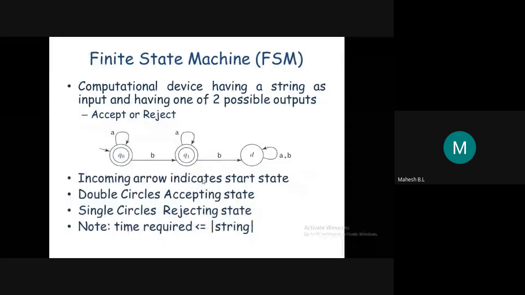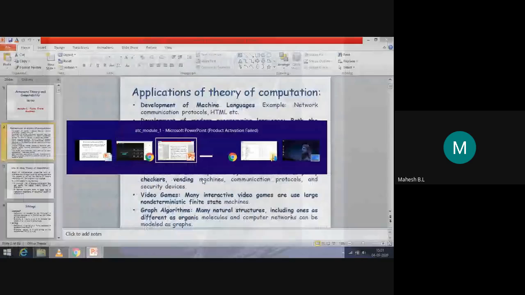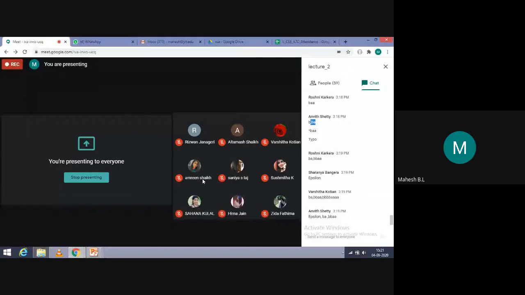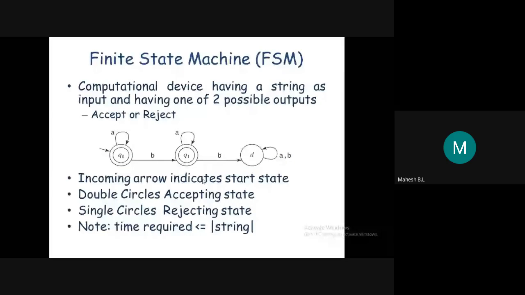So finite state machine. A finite state machine is a computational device having a string as input and having one of two possible outputs, that is, accept or reject.